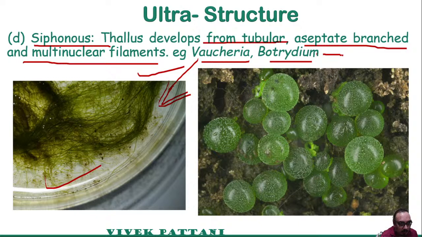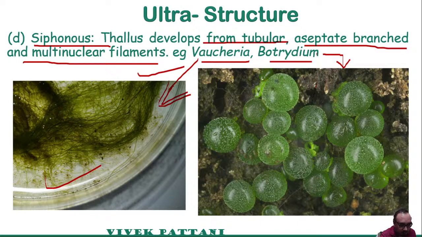And the photograph given here is of a Botrydium. I am repeating again: the thallus develops from a tubular or unbranched, multinucleate filament.